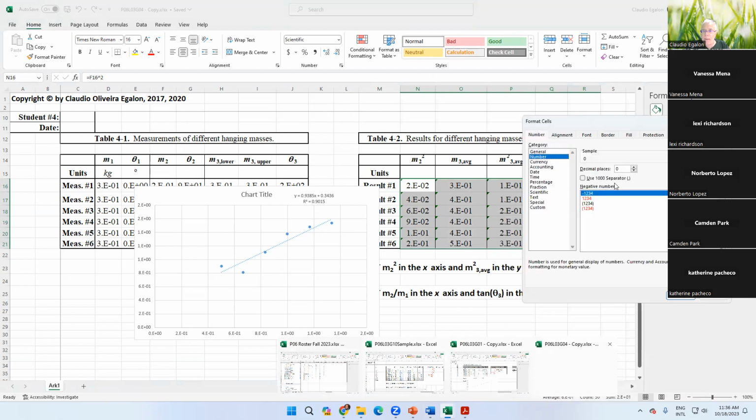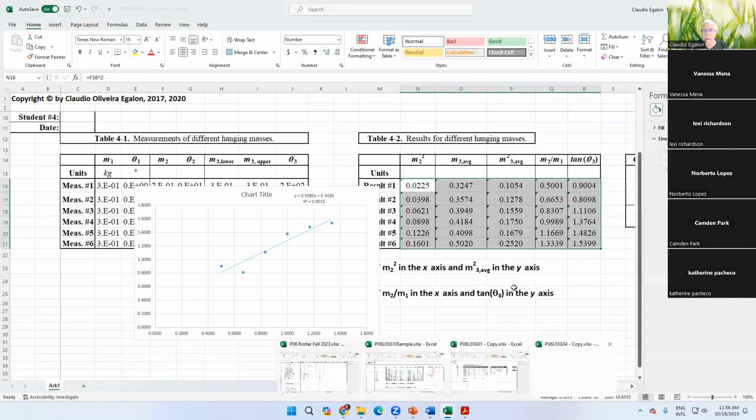Format cell number. Okay, good. Now, is it increasing or decreasing? Is it increasing? That's good. So it must be this point here, 0.66. Okay, let's try to plot without that pair and let's see what we get.